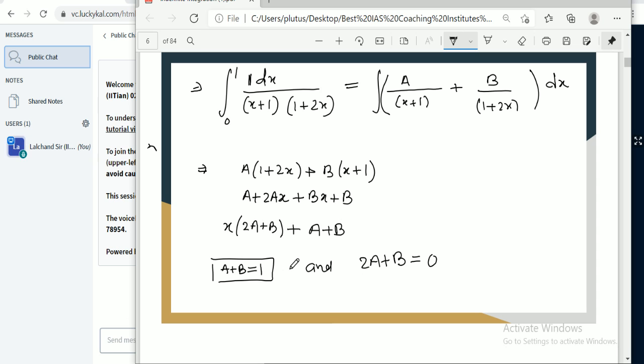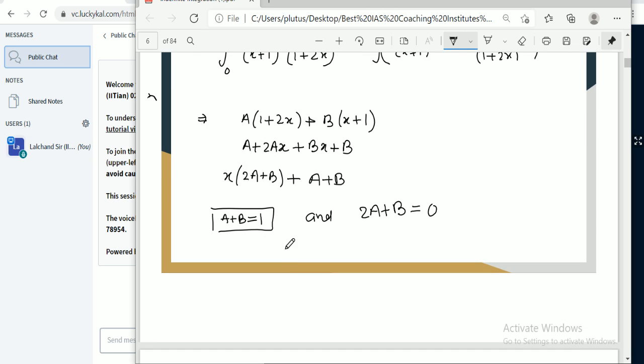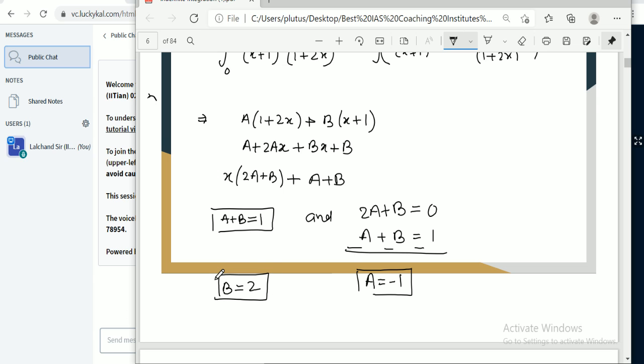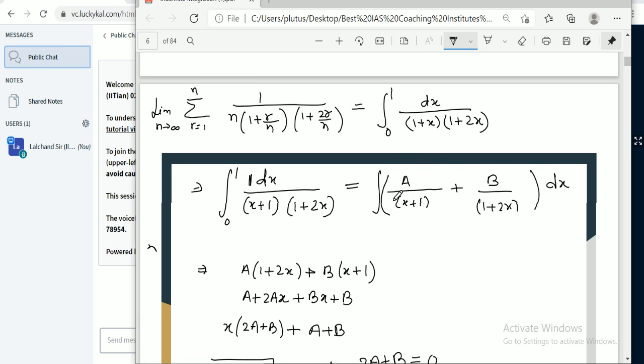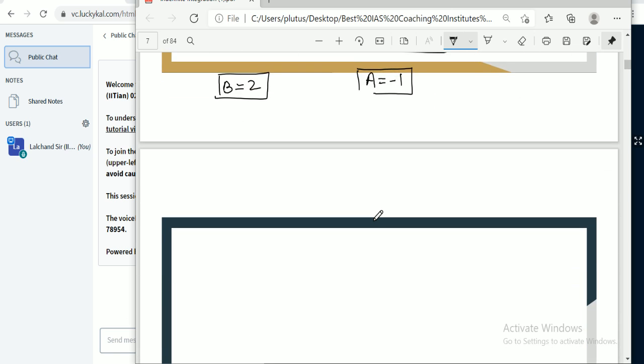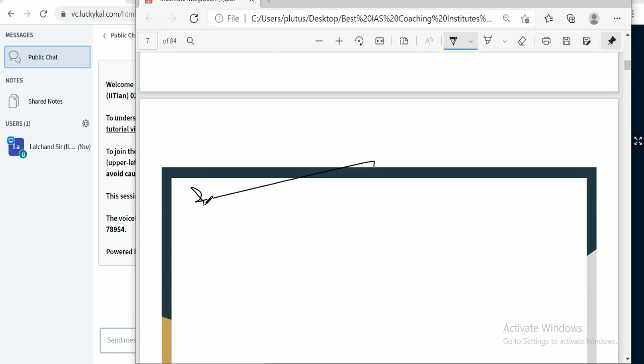If we simplify these two equations, a plus b equal to 1, subtracting these two equations, I have a equal to minus 1. If I substitute a equal to minus 1, then b equals 2, isn't it? So if I substitute the values of a and b, let us try to calculate this integral.